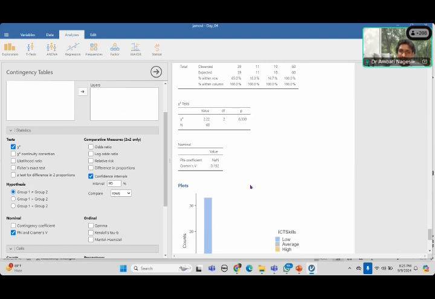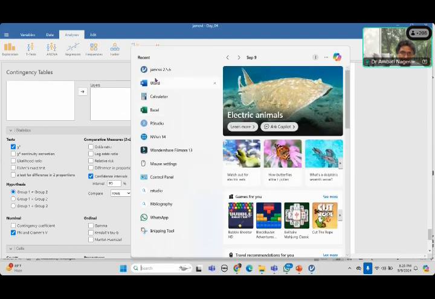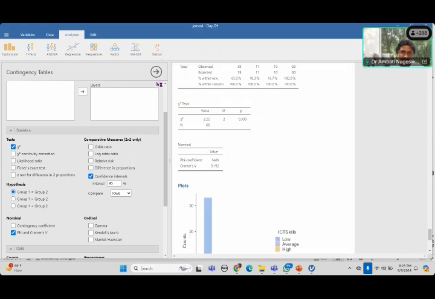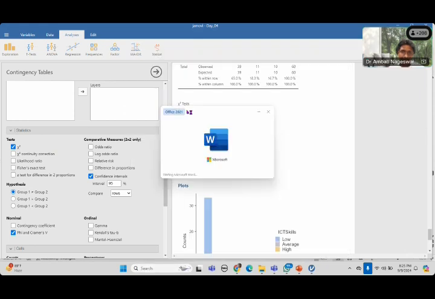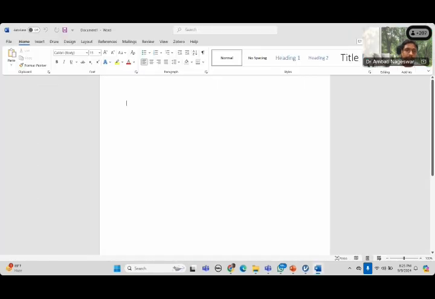What do phi and Cramer's V mean? Let's take an example. If I'm having a 2 by 2 table, I'll take the phi value. In case I'm having 2 by 3, I'll take the Cramer's V value.